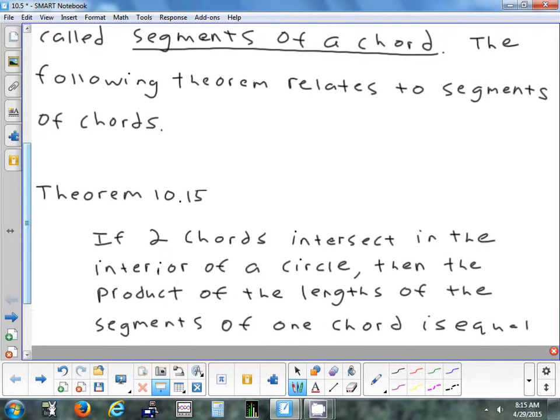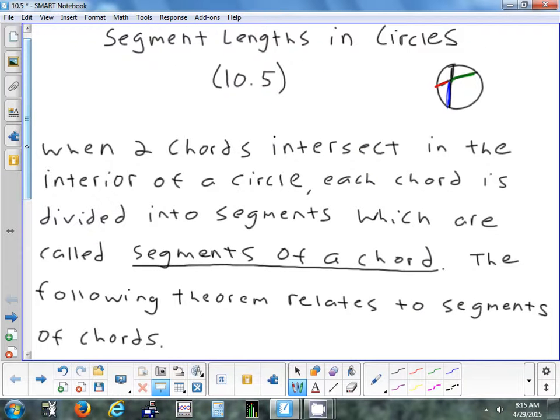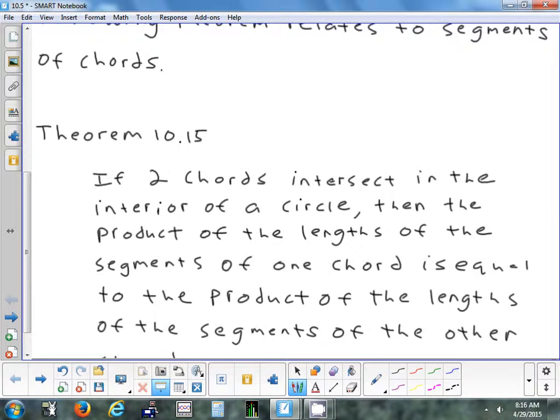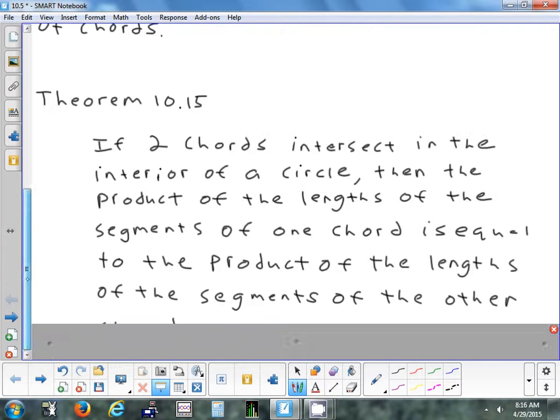Then the product of the lengths of the segments. So we're talking about the lengths of the piece in red, the piece in blue, the piece in green, and the piece in black. Those are the lengths of the segments. So the product of the lengths of the segments of one of the chords is equal to the product of the lengths of the segments of the other chord.